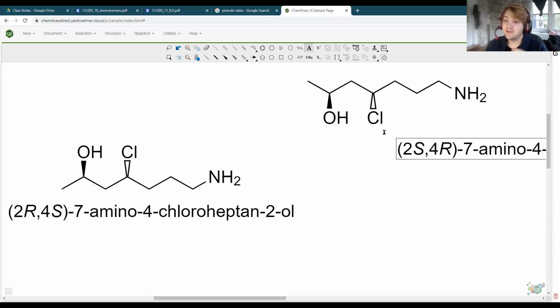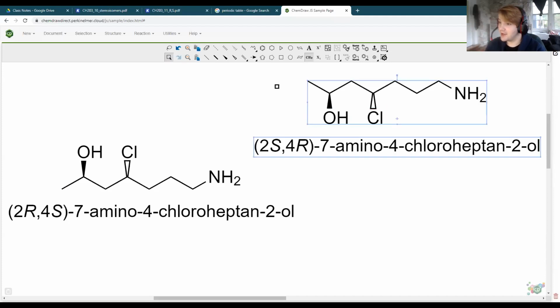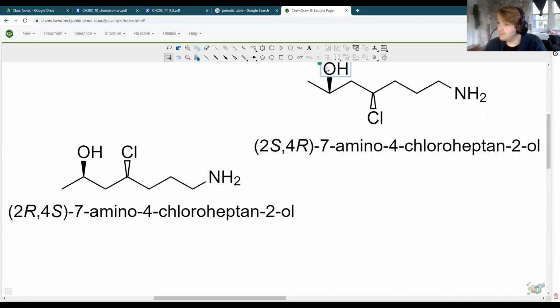So you have to get really good at doing these molecules so that no matter which way you did it, you know that you are correct. And if you're comparing with someone else, even though the drawings might be different, you still get the same answer.